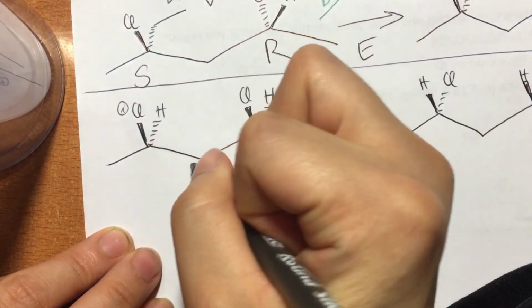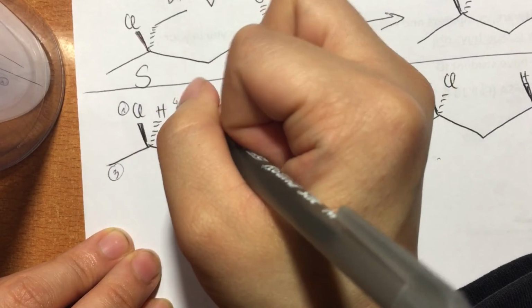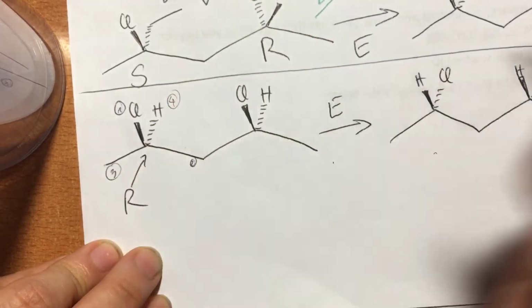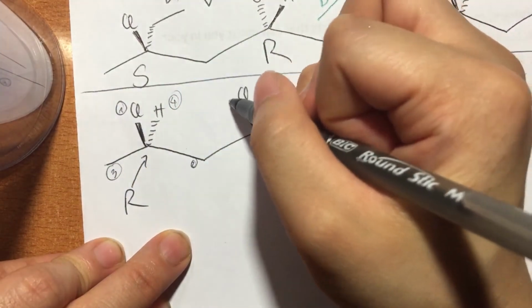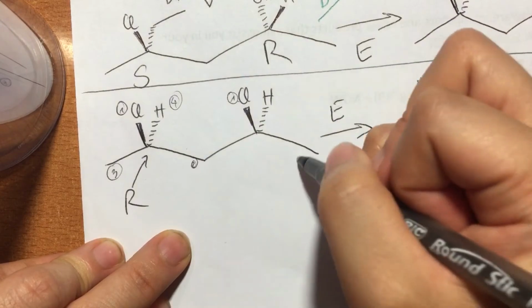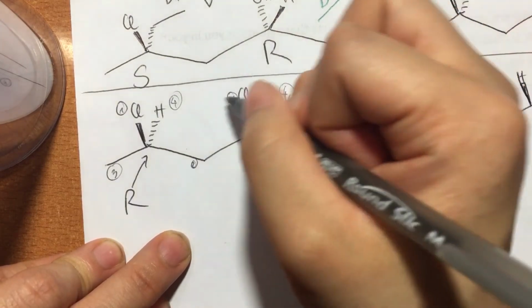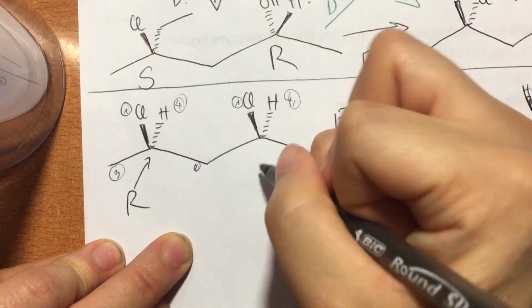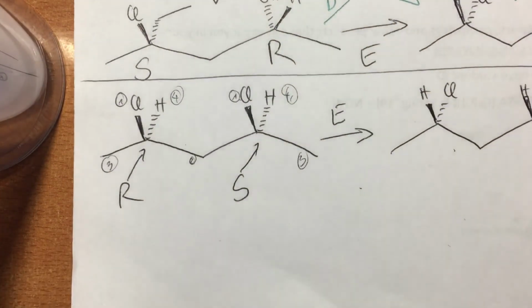This is 1, this is 2, this is 3, this is 4. If I go this way, it is clockwise, so this is an R configuration. And I have 1, 2, 3, 4. If I go this way, counterclockwise, this is an S configuration.